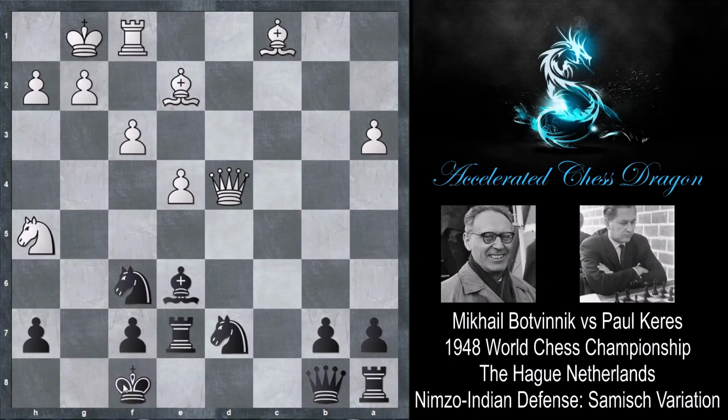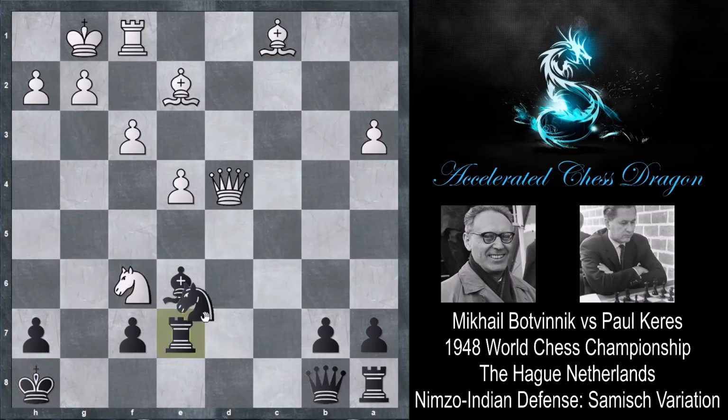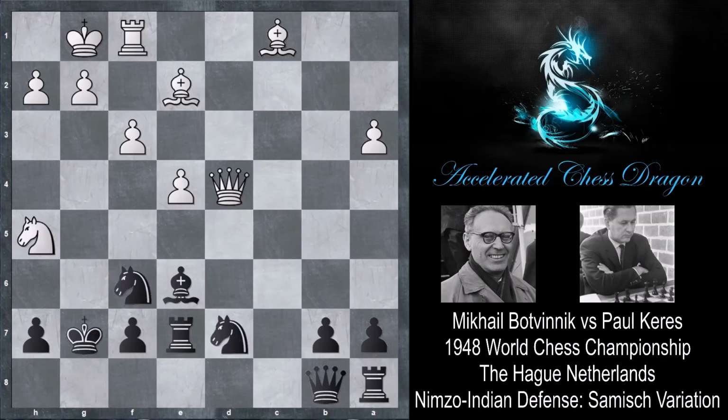Because if king f8 is played, then king h8. Because if king h8 is played, then after knight f6, and now queen f6, king g8. After knight h5 check, it's very hard to find out what you could do as Keres.